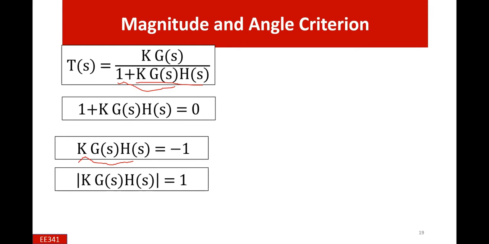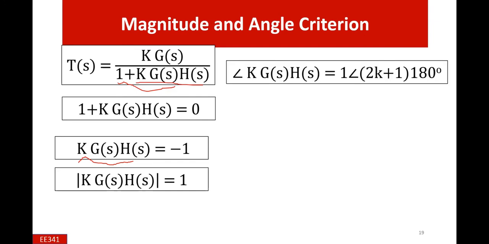So this is one fundamental property related to the closed loop transfer function. If we find the open loop transfer function and take the magnitude, or mod value, of that complex part, then it is equal to 1. And the phase angle of this one is equal to -1, and -1 is equal to 180 degrees, so it is a variable part dependent on k.